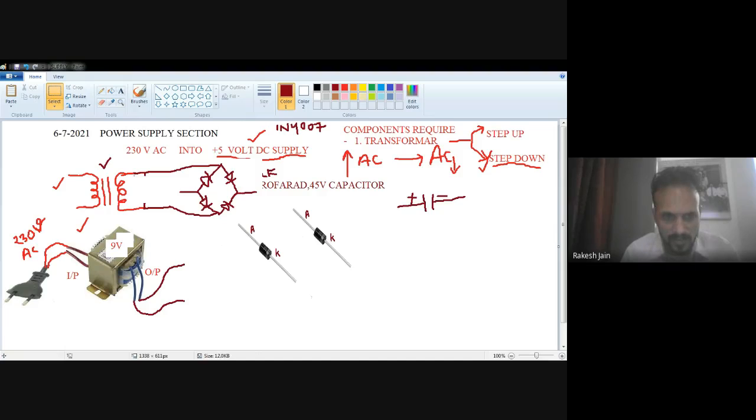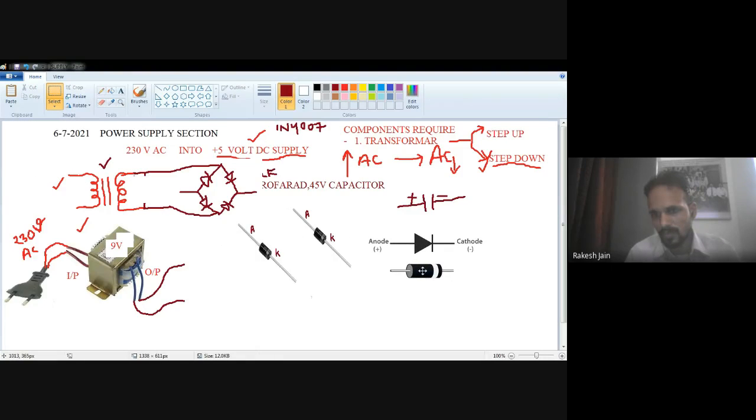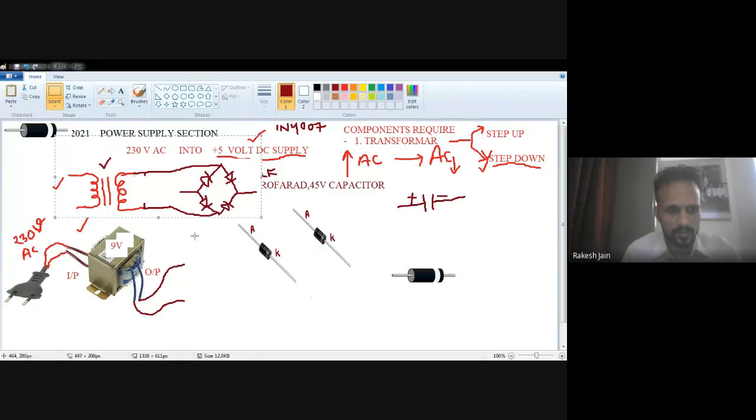So I just come with this image, so it will be very simple for me to explain. One side is plus and one side consists of a silver line over there. Okay, so I require 4 diodes, so I just connect 4 diodes.